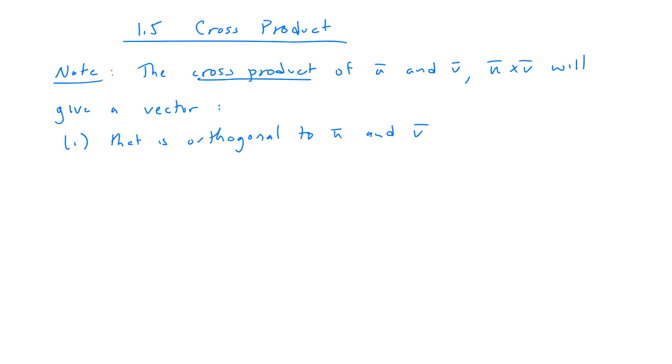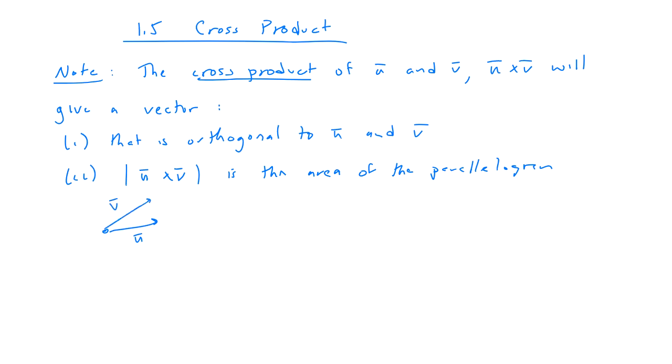And two, if we form a parallelogram out of the two original vectors, it will give us the area of the parallelogram that we get.